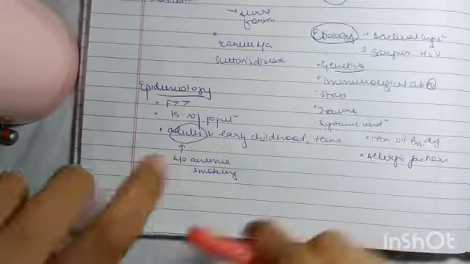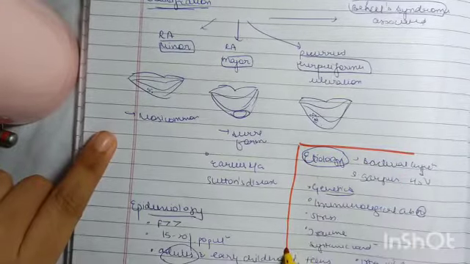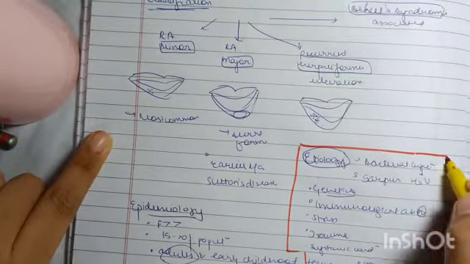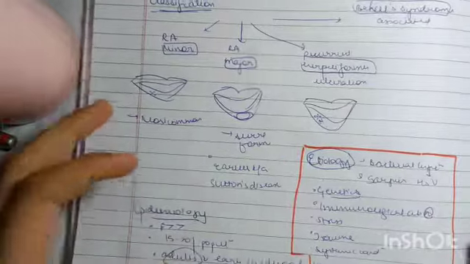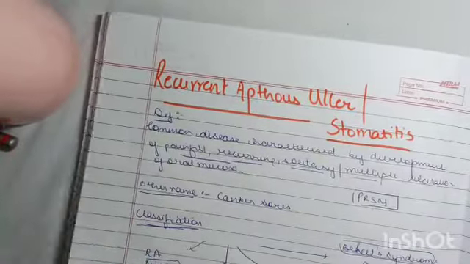Now after this, we'll talk about how the disease actually proceeds, the progression. So basically, first the ulcer will start as a round and oval area.